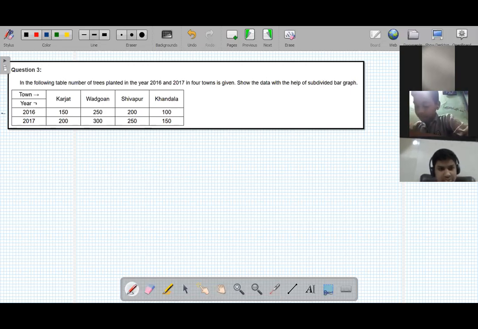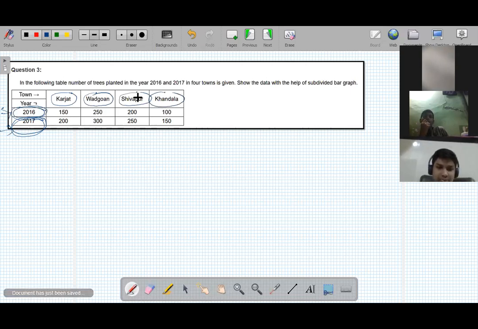You see here, row-wise, data is given in 2 different years, 2016 and 2017. So this should come on your x-axis. And these are the cities. So there are 4 cities. In each of these cities, in each year, you have to show the number of trees. So obviously this should come on your bars, so number of trees will come on your y-axis.